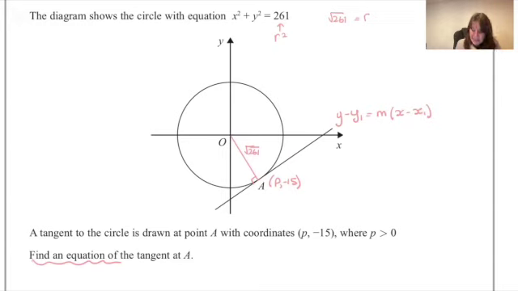What I need is a coordinate, which is my y1 and my x1, and I need a gradient. And right now, I don't have any of those things, okay? I've got half of my coordinate.